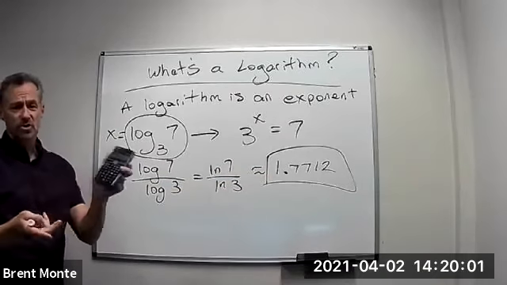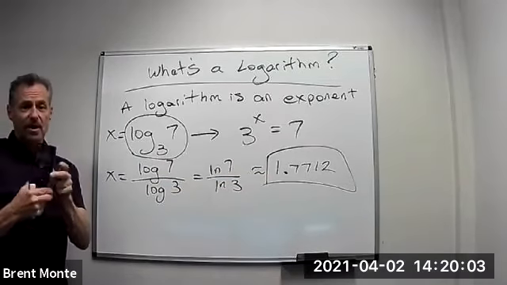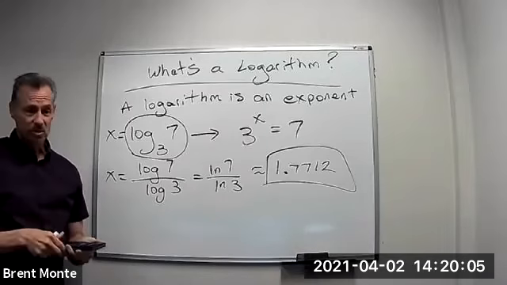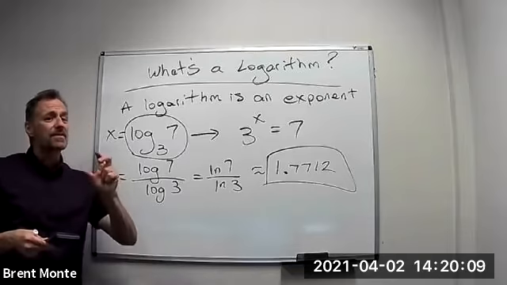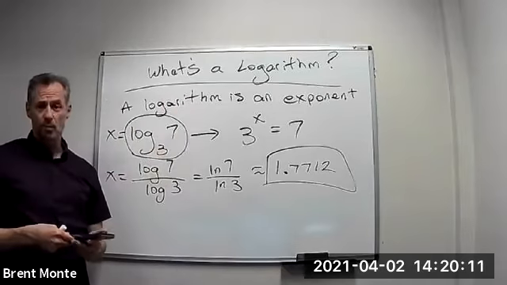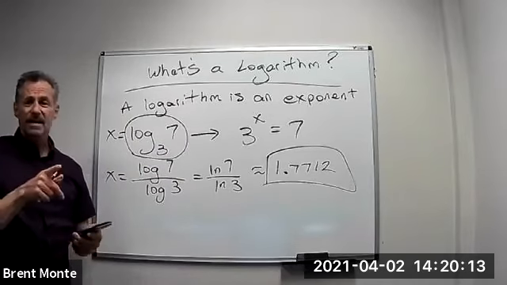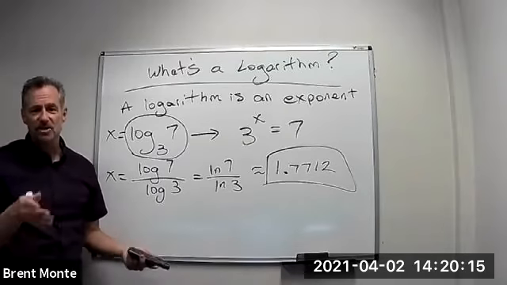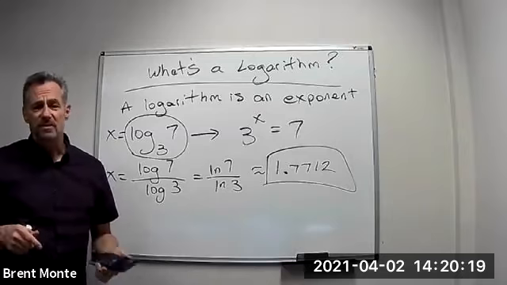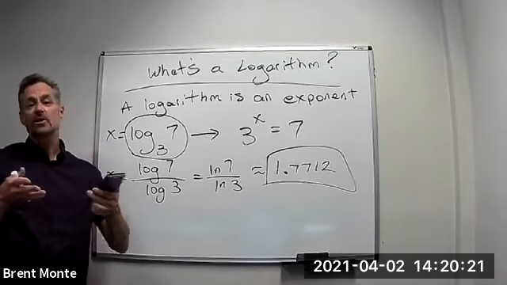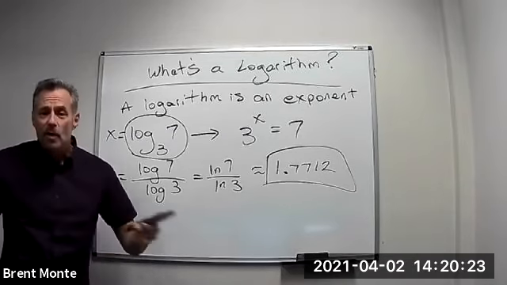Even if I went to the whole screen on my calculator, the calculator rounded it off to however many decimals it'll go. But that's what a logarithm is. It's the missing exponent that we're looking for. A lot of times we don't see this until the end of the semester. If your teachers are anything like mine were, I would see logarithms at the end of the semester, and the instructor's probably behind, and they go real quickly through it.